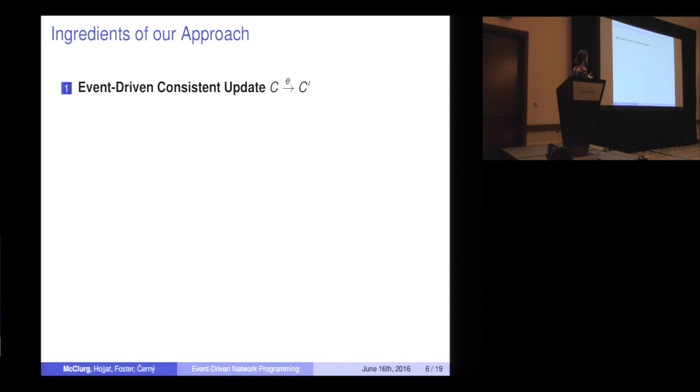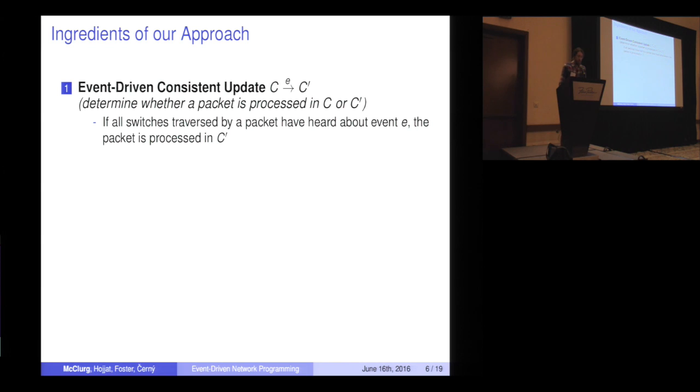The two pieces of our consistency model. The first one is something we call event-driven consistent update. And this determines whether a packet is processed in an initial configuration or a final configuration with respect to an event. So to make this formal, if all the switches traversed by a packet have heard about the event, then the packet will definitely be processed in the final configuration.